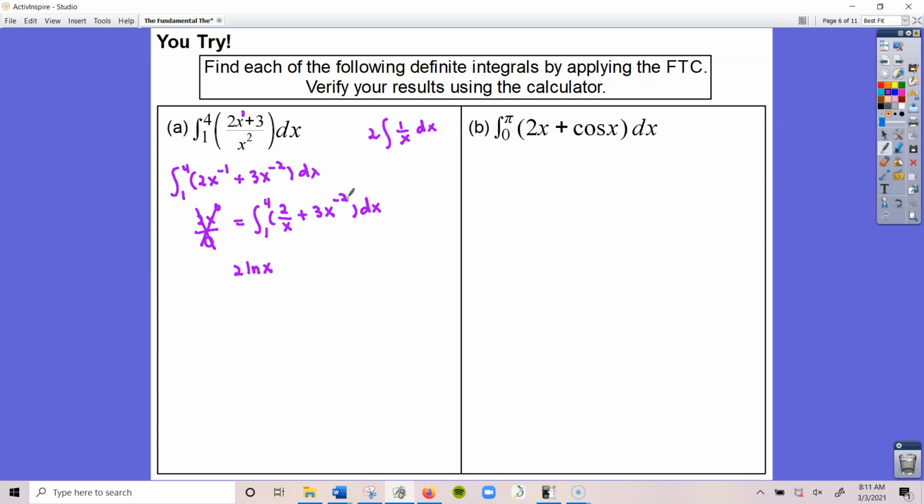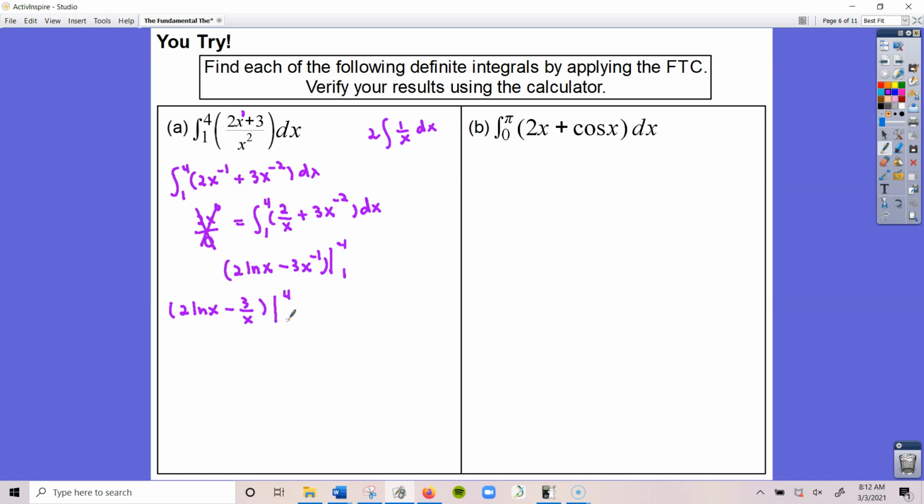Now I'm going to add 1 to this exponent, so 3x to the negative 1, and then divide by the new exponent, which is negative 1, making this negative. I can rewrite this so that it's easier to plug in these values as 2 ln x minus 3 over x.